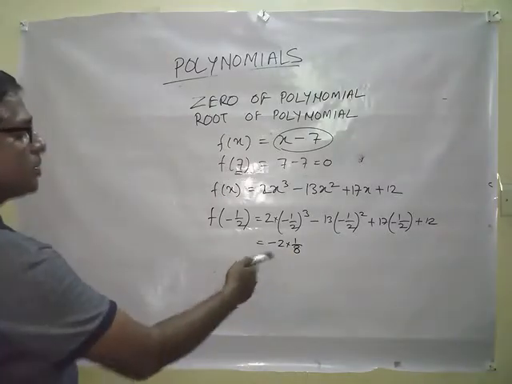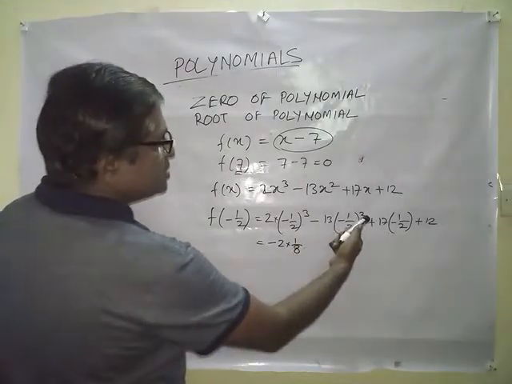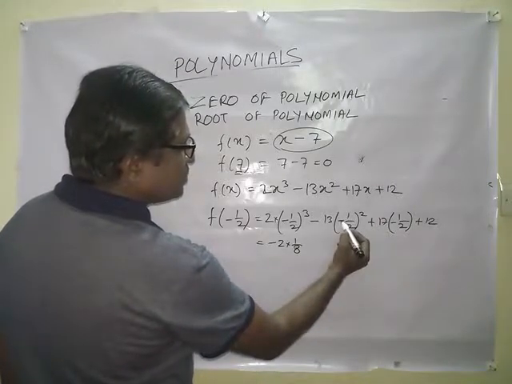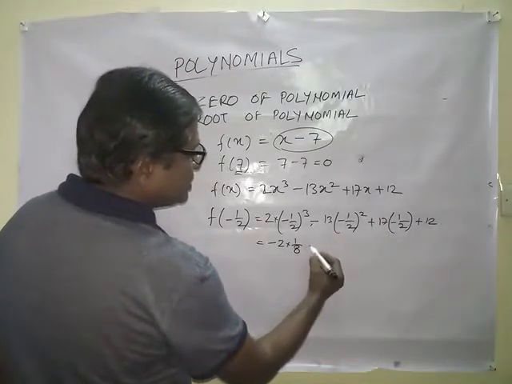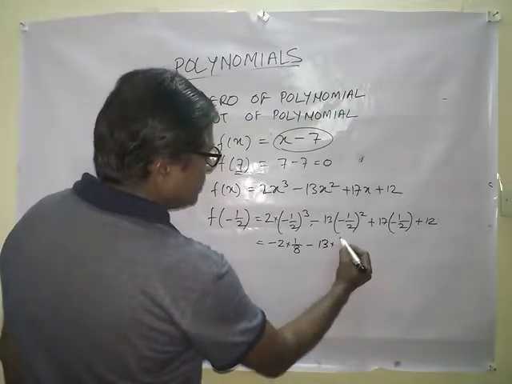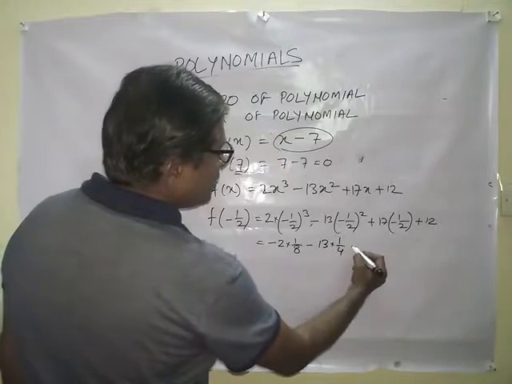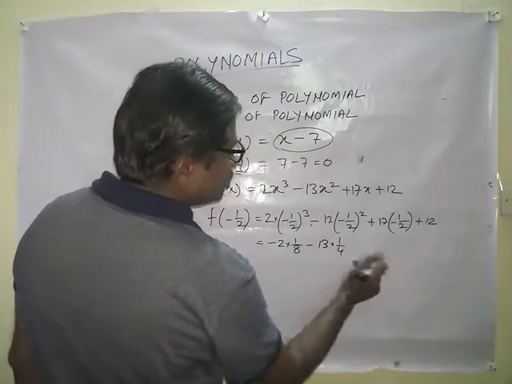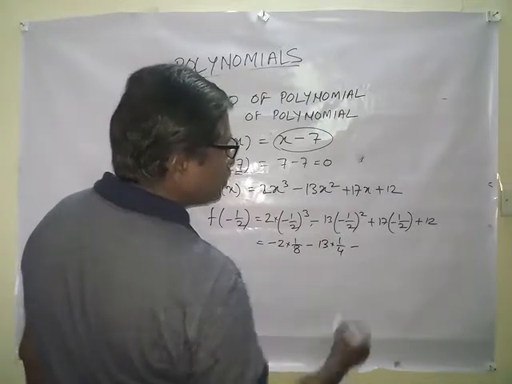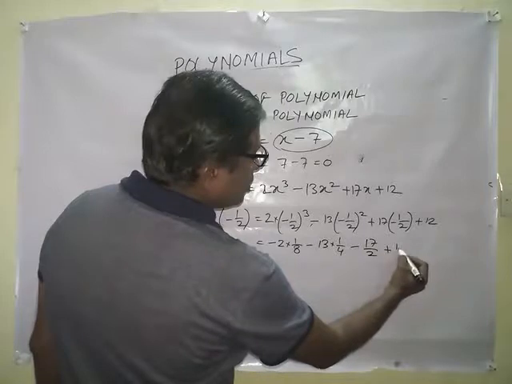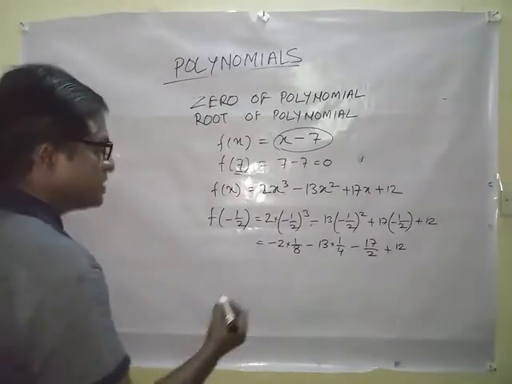I hope you remember how to solve this. Where the exponent is an even number it becomes positive, so that sign will remain the same: minus 13 multiplied by 1 upon 4. Then the minus comes out, so it becomes negative: 17 upon 2, plus 12 will remain like this.